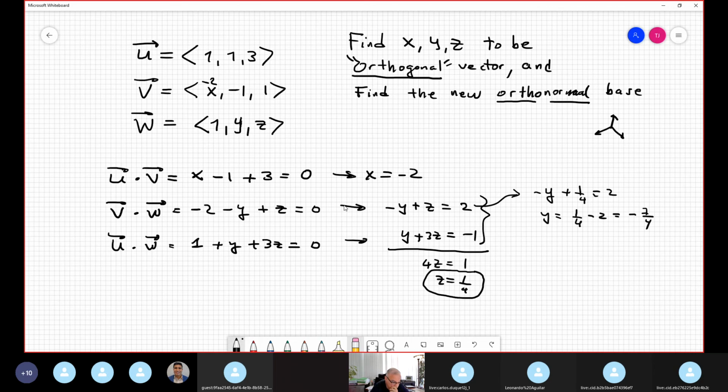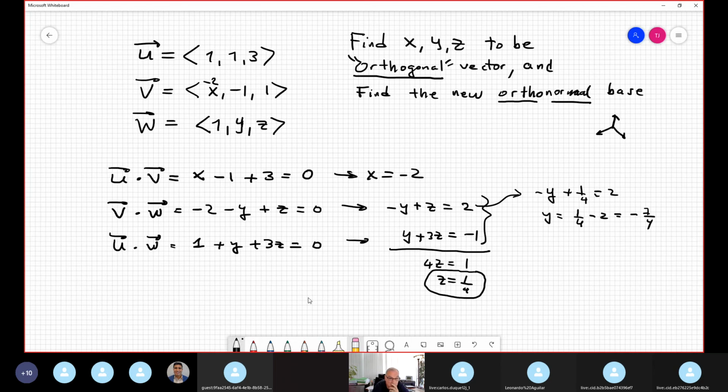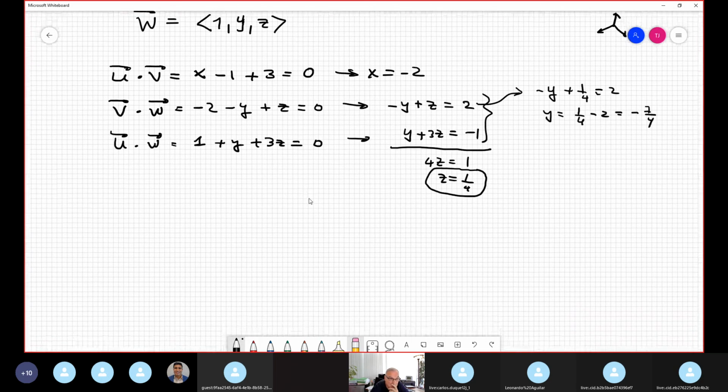Okay, conclusion. The vector u, I know from the beginning, is 1, 1, 3. But the vector b, I didn't know. The vector b is negative 2, we discovered here, negative 1, positive 1.